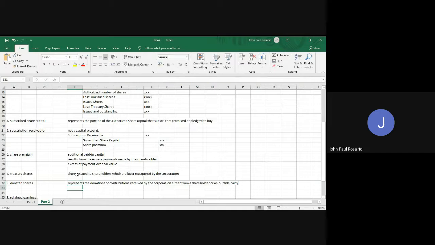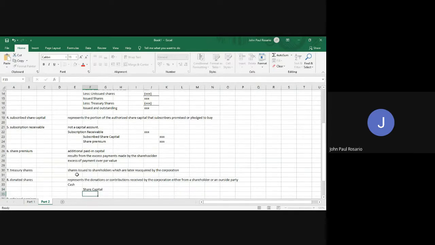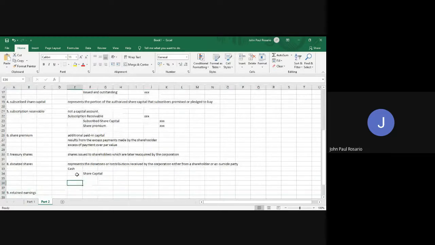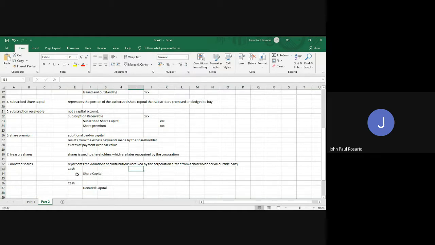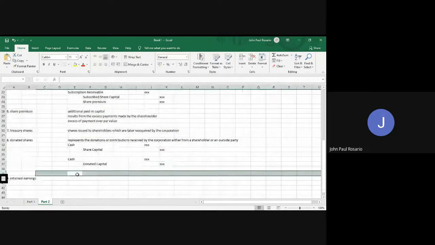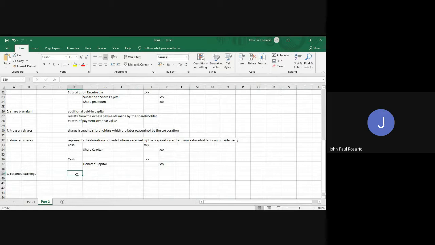Usually when the corporation receives cash because it issued shares, the entry would be a credit to share capital. But since this is donated, no shares were issued. The corporation received cash, and the credit is donated capital. Okay? So meaning the third party was simply being generous. A third party is not a shareholder. That's donated capital.